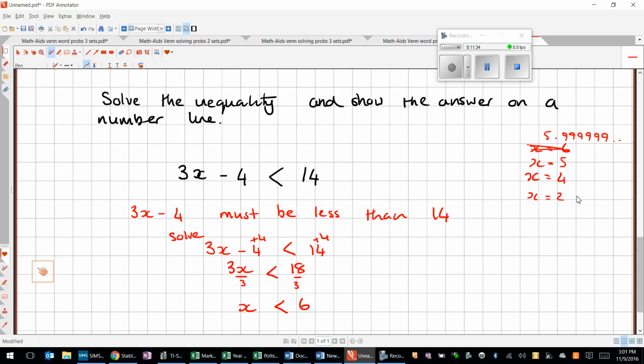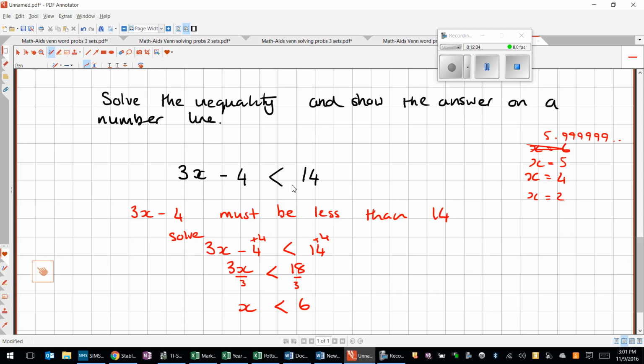Exactly, so by saying x is less than 6, we can go for anything less than 6, with all the decimals and everything. Does that make sense? So you're using the same skills, but instead of the equal sign, we just leave this sign. We learned this last year. I picked it because I thought I'd check, because it's the same skills that we've done together. If you've done it, we'll move on.